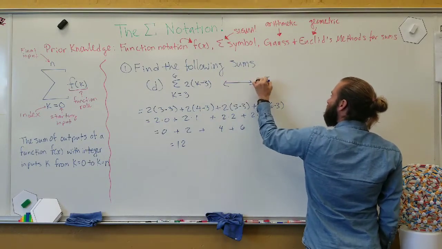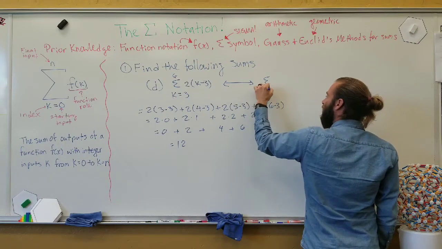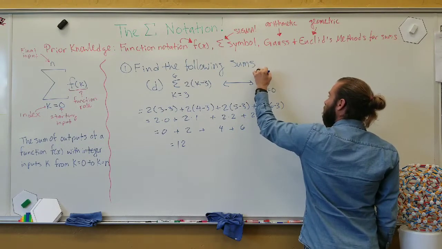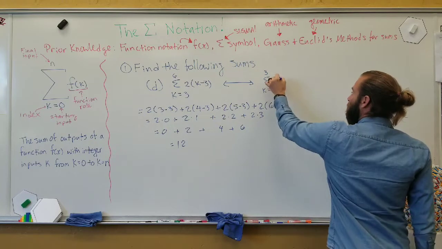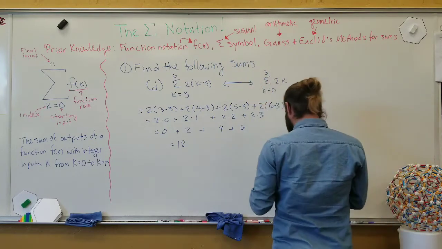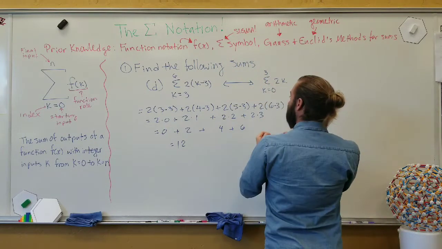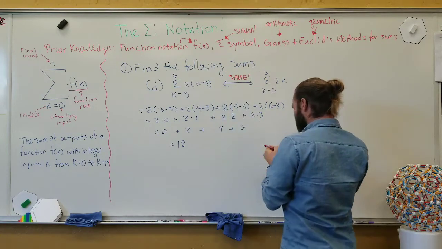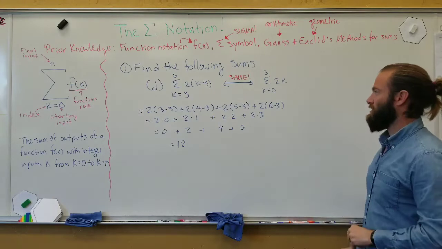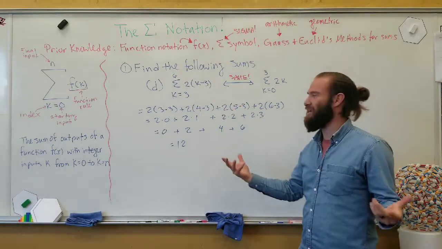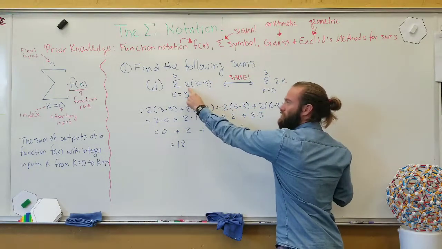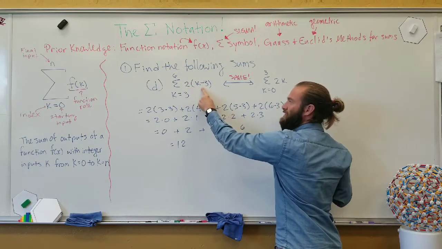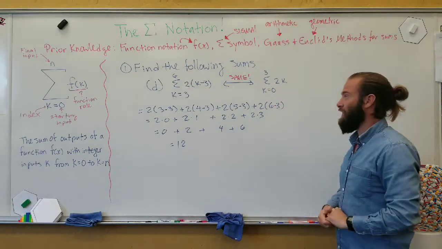So I wanted to discuss with you a little bit right now why these are the same. And it's actually a fairly simple reason, because you notice the function itself is technically not the same, right? 2 times k minus 3, when you distribute it, becomes 2k minus 6, whereas that's just 2k, right?